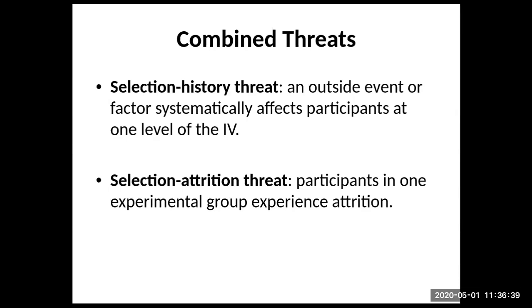Well, obviously there's nobody on campus now, but that's neither here nor there. And some sort of outside event, or they do something during the summer, and other people do it during the winter. That may affect one of the levels of the IV. So that's selection and history.